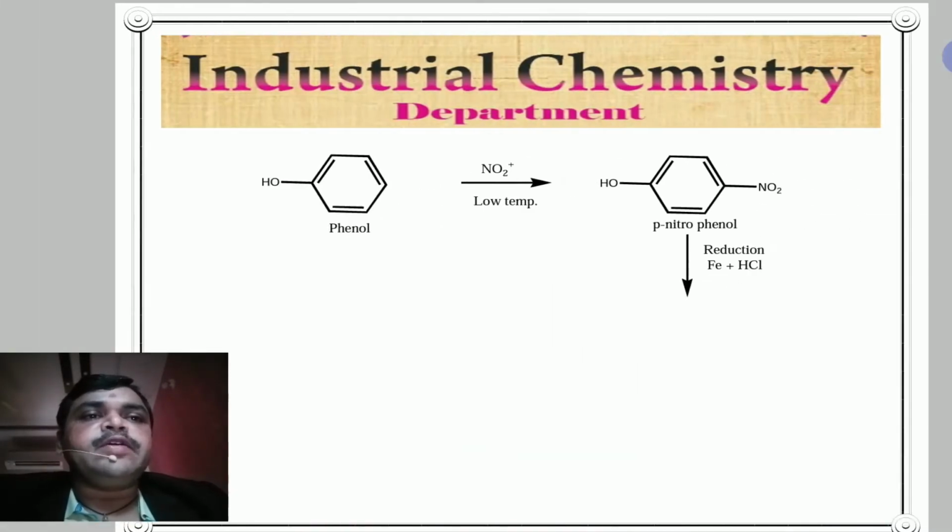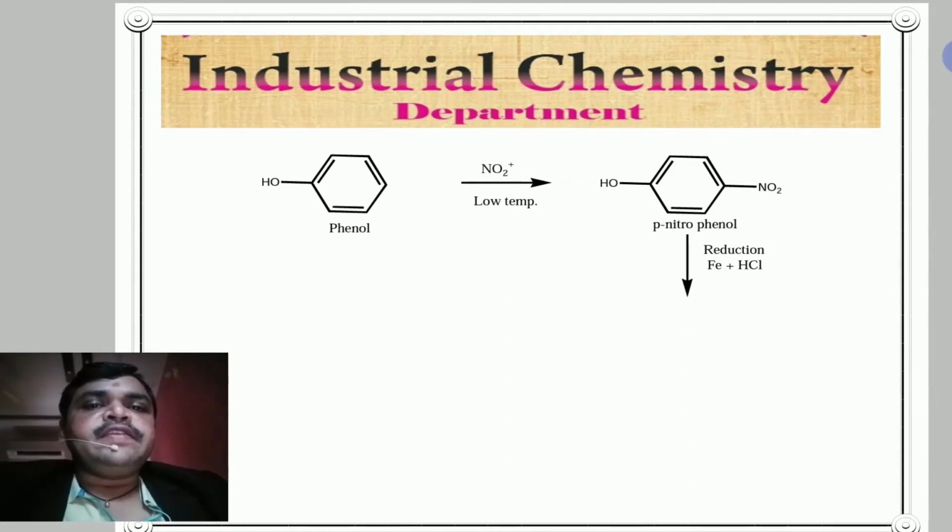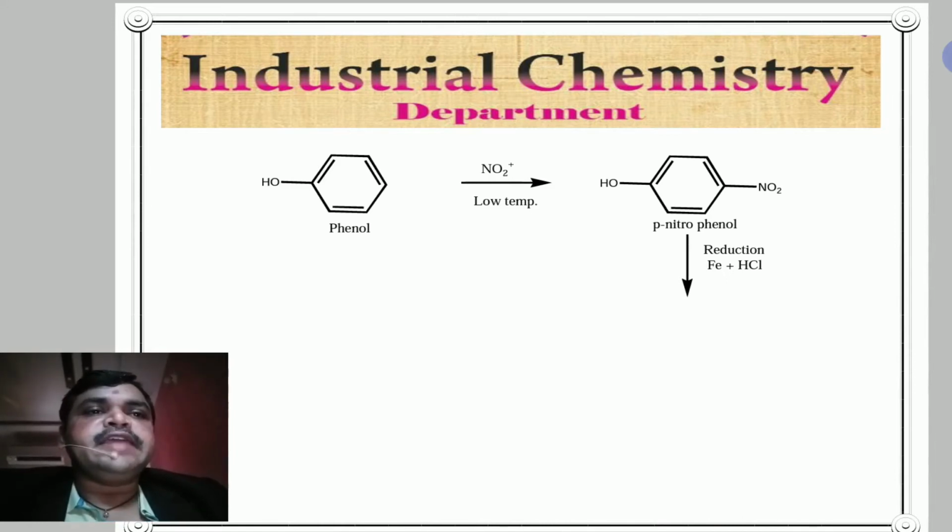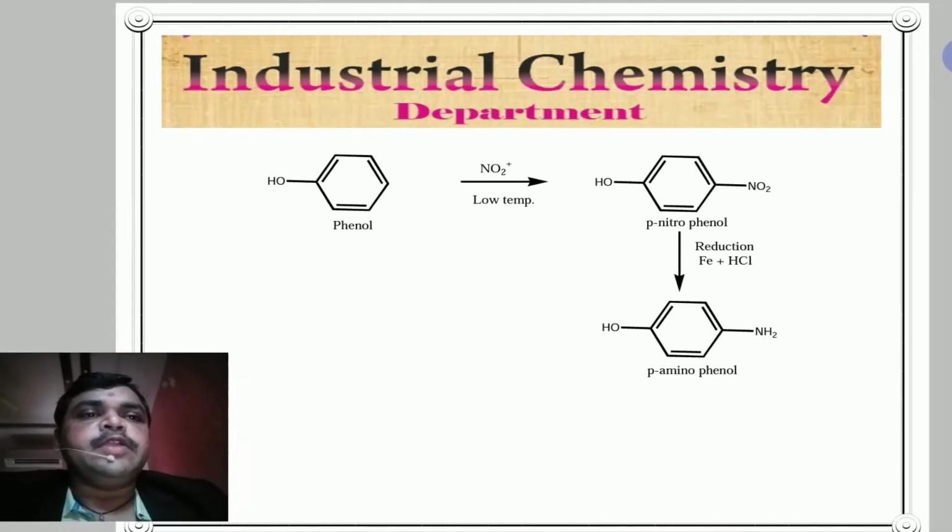This paranitrophenol is treated with acid metal reduction, Fe plus HCl. So paranitrophenol is converted into para-aminophenol.